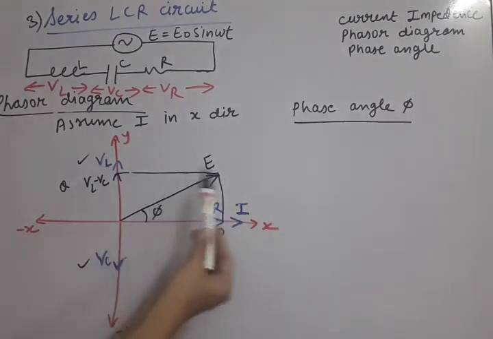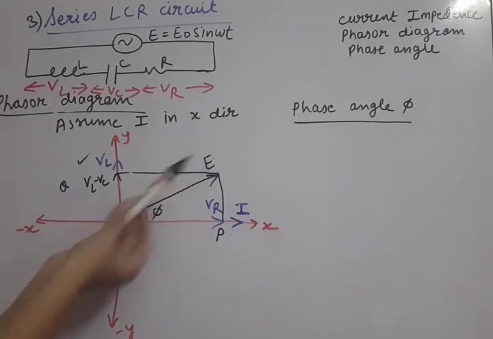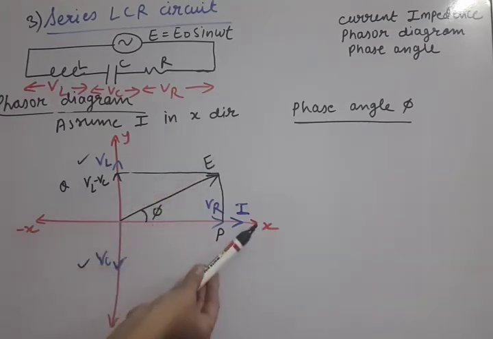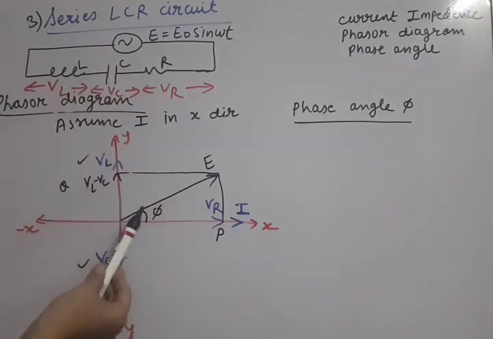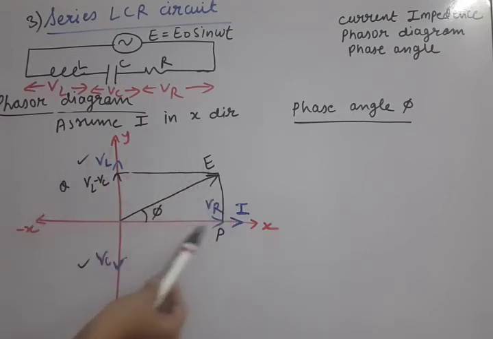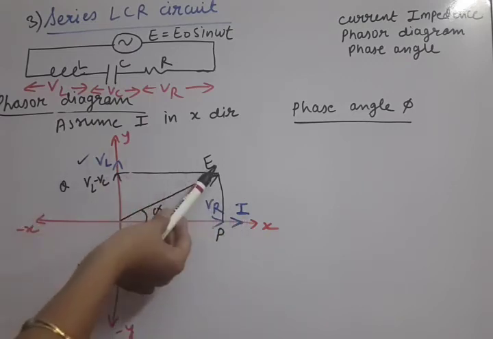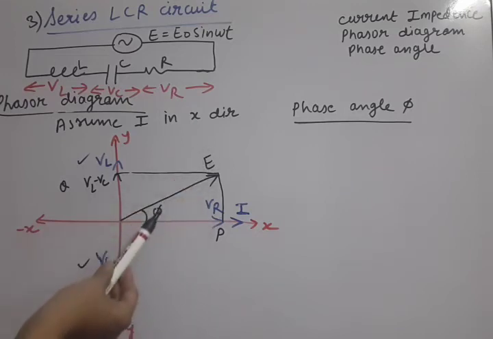So you can see in this diagram, this is the resultant voltage and this is the resultant current of the circuit. You can see that here phi is shown. So voltage is leading current. You can see current is here, voltage is here. So voltage is ahead. So voltage is leading current by phi angle. So we have to calculate this phi angle.